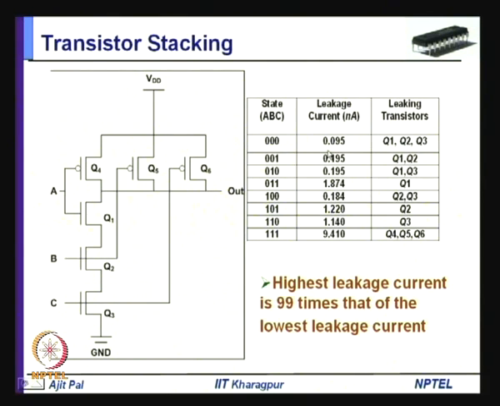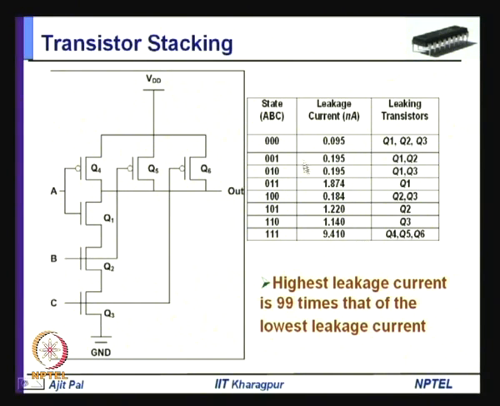When you are applying 0 0 0, the leakage current is dependent on Q1, Q2, Q4, that means all the 3 transistors are in series. So, the leakage current is essentially decided by the leakage current of these 3 transistors.